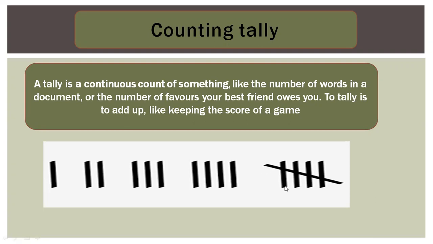Look here in the picture. 1, 2, 3, 4, 5. So after each set of 4, the 5th line is going to intersect the 4 lines. Okay, what is the 5th line going to do? It is going to cut the 4 lines. Okay, so this is how we can count in tally.